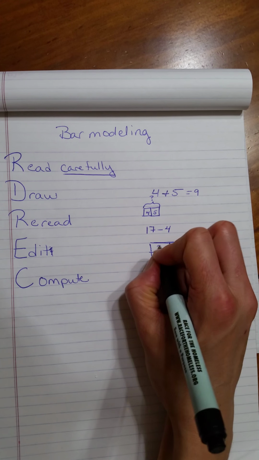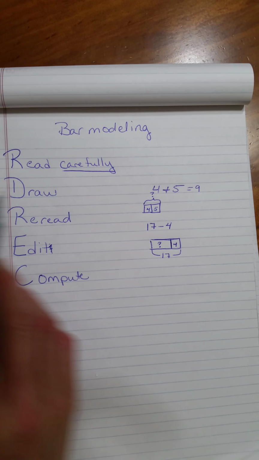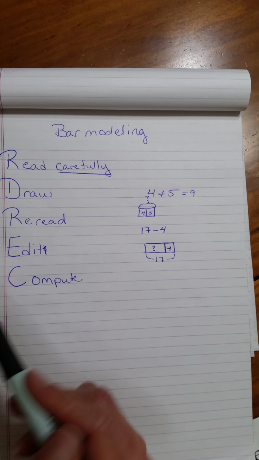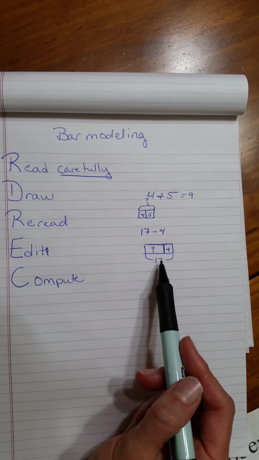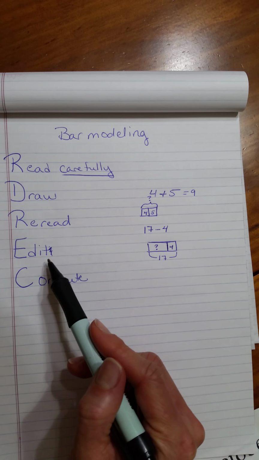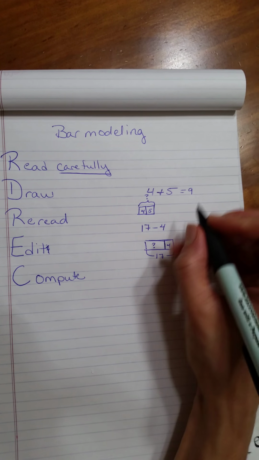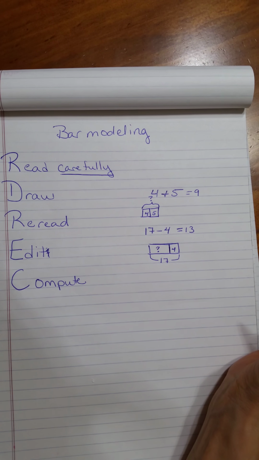So the part that I am supposed to find is what's left over. So I read my problem carefully, 17 minus 4. I drew my picture. Now I'm rereading to double check it. Yes, 17 is the number. We're subtracting 4. No editing necessary. Now I'm ready to compute. And there I have 13.